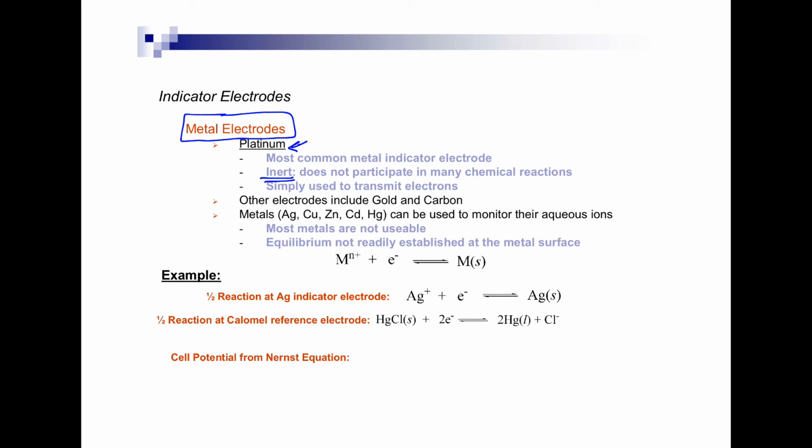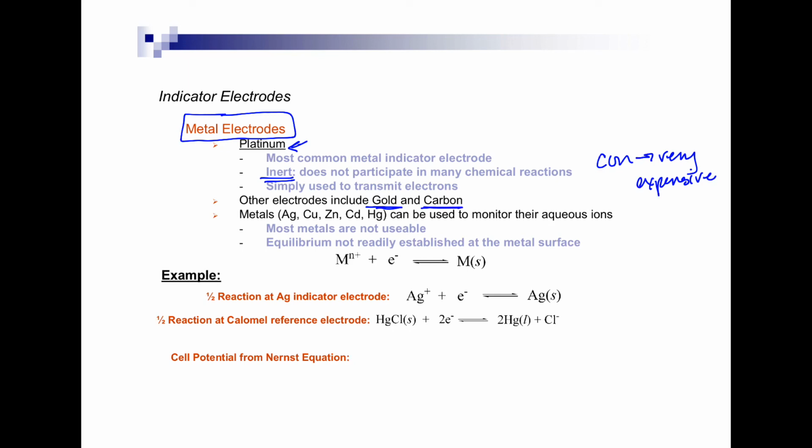It doesn't react with things like water or almost anything else, so it keeps a nice pure surface. The con with it is that it is very expensive. All right, so even though it can be used again and again, they are hard to afford. Other electrodes that are common are gold. If you can imagine, gold's pretty expensive.